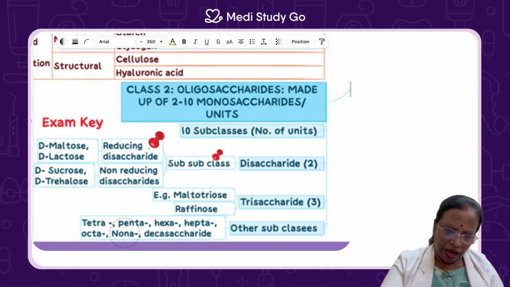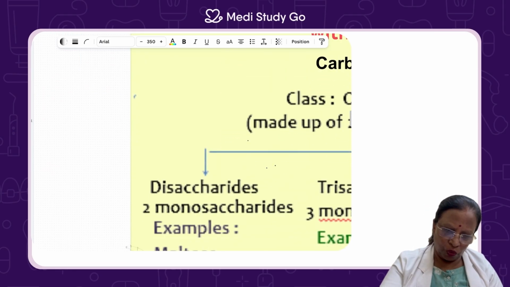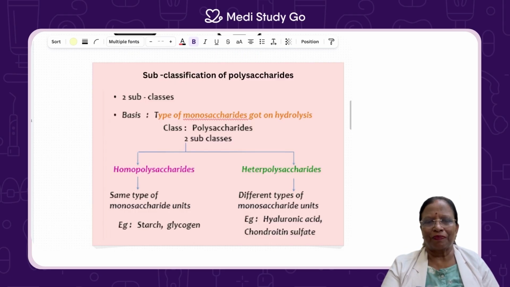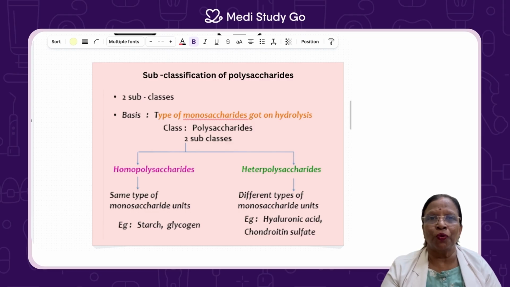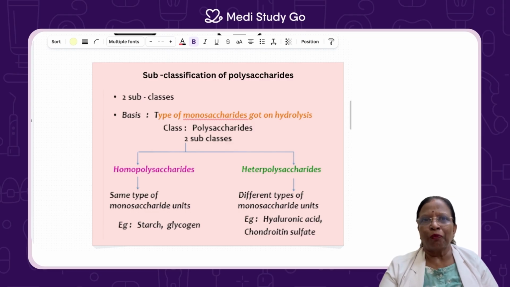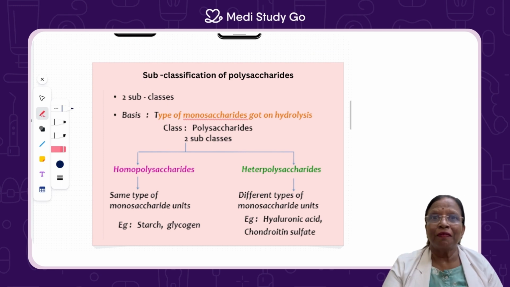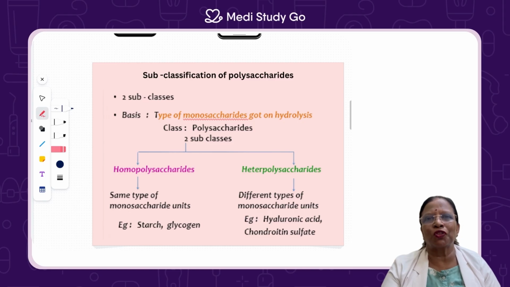Okay, having said that, let's move to the last class, that is polysaccharides. By definition, polysaccharides on hydrolysis give rise to more than 10 monosaccharide units. Polysaccharides are again subclassified into 2 based on the type of monosaccharides they give on hydrolysis.